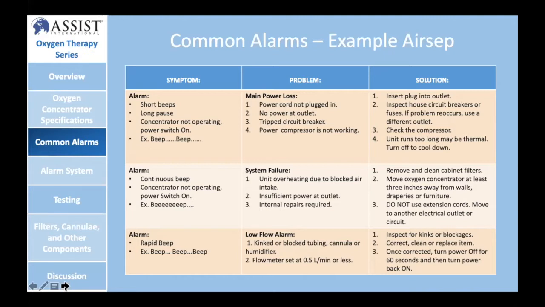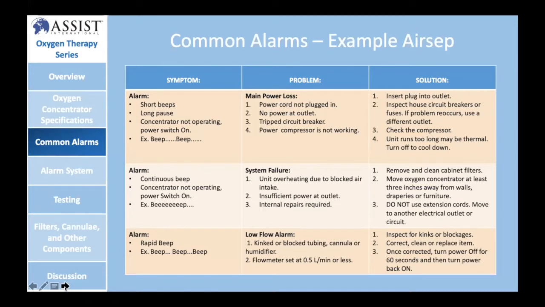You may see that the concentrator is not operating even when you turn on the oxygen concentrator while this alarm is present. You want to look at the power cord. Make sure the power cord is plugged in. And if it is plugged in and the alarm exists and the oxygen concentrator won't turn on, you want to make sure that there's power at the outlet itself.